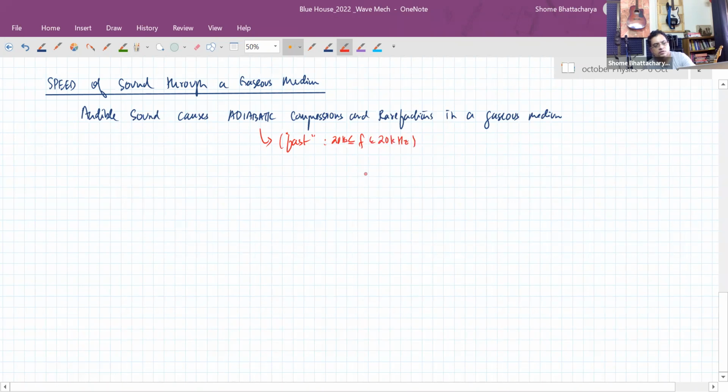Okay. So fast can be approximated as adiabatic, as we have discussed earlier in thermodynamics, because fast means there isn't enough time for heat exchange. So Bulk's modulus for adiabatic process is equal to gamma P. PV to the power gamma is constant.